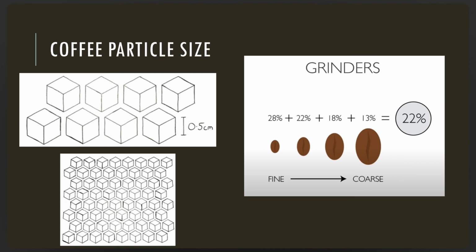But very fine salt grains dissolve, because water can touch a lot of that surface area and dissolve it completely. So we want to make our grinds relative to how much time the water is going to touch the coffee, so we don't over extract or under extract.